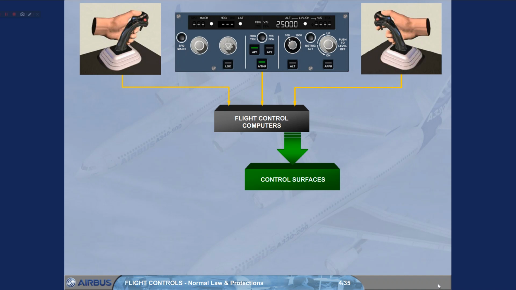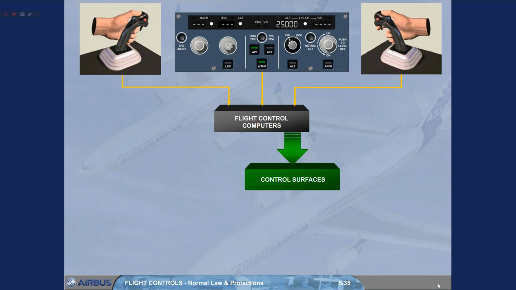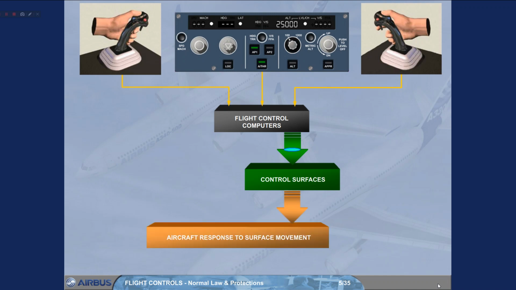The processing uses preset limitations and instructions called laws. The aircraft responds conventionally to the movement of control surfaces.